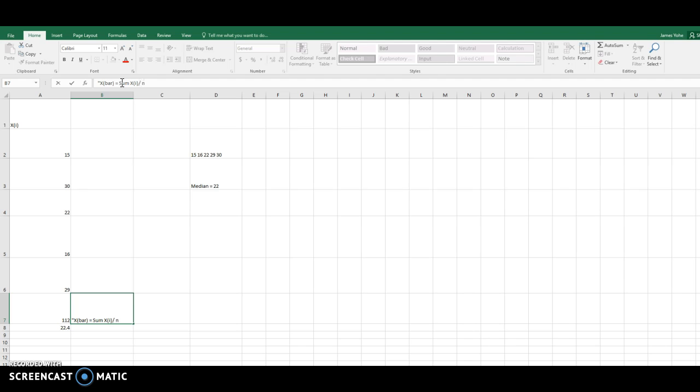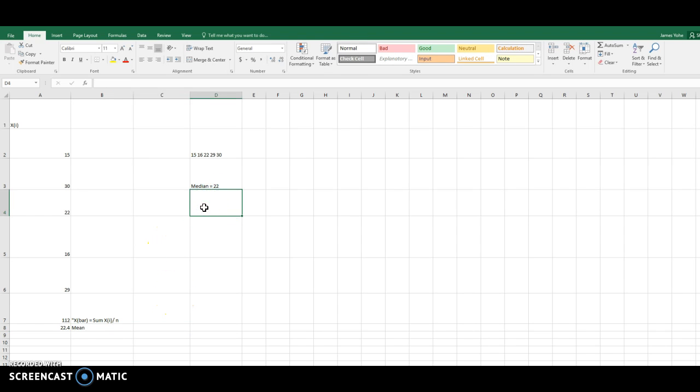And that's when we have a sample. If this were a population, instead of x bar here, I'd use mu. Okay. So that is the formula for my mean.